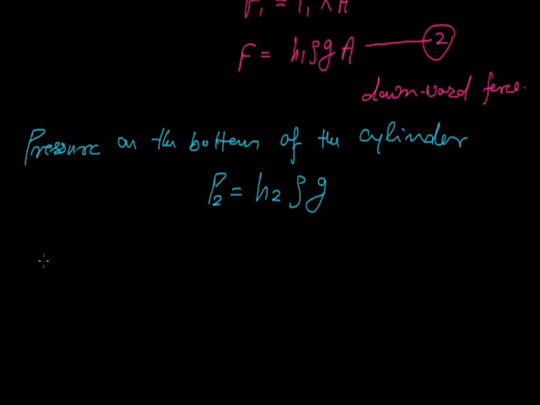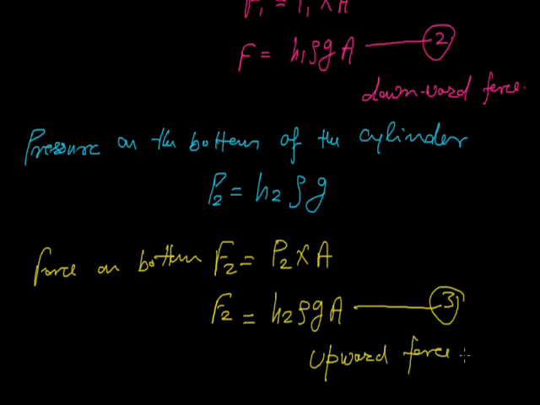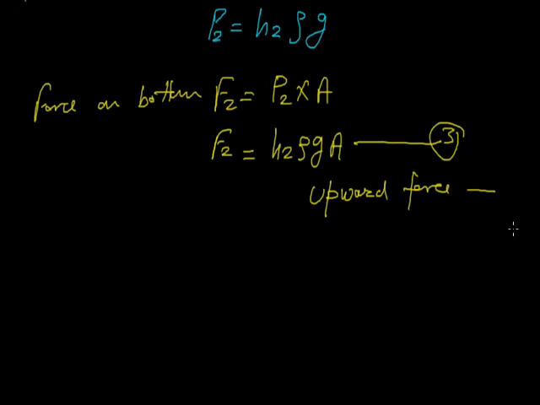Pressure P2 and force on the bottom F2 will be P2 into A. Here A is also the area of cross section. F2 equals h2 rho g A. This is the upward force. The resultant force will be upward, because h2 is greater than h1, so F2 is greater than F1.